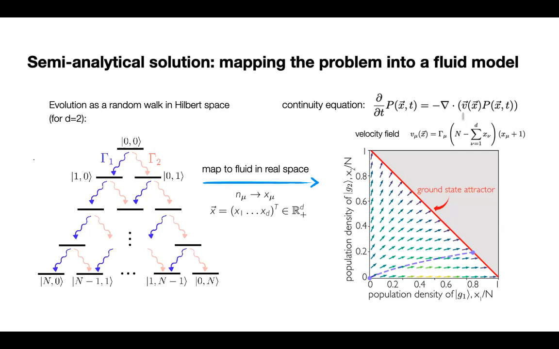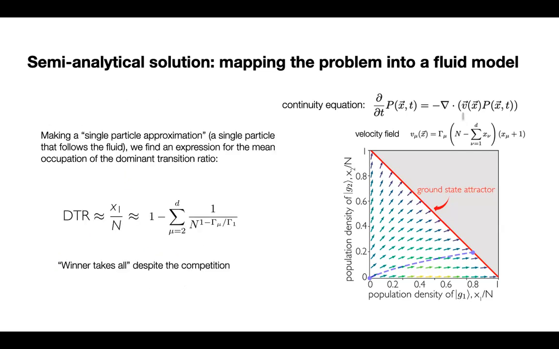So yeah. The last thing that you can do to find an approximate solution is, instead of solving the equation for the whole dynamics of the fluid, just assume that you have a single particle subject to this fluid motion, and that you can solve easily. And so we did that. And then we find that the dominant transition ratio, that is how many of the particles end up in the dominant ground state, is 1.